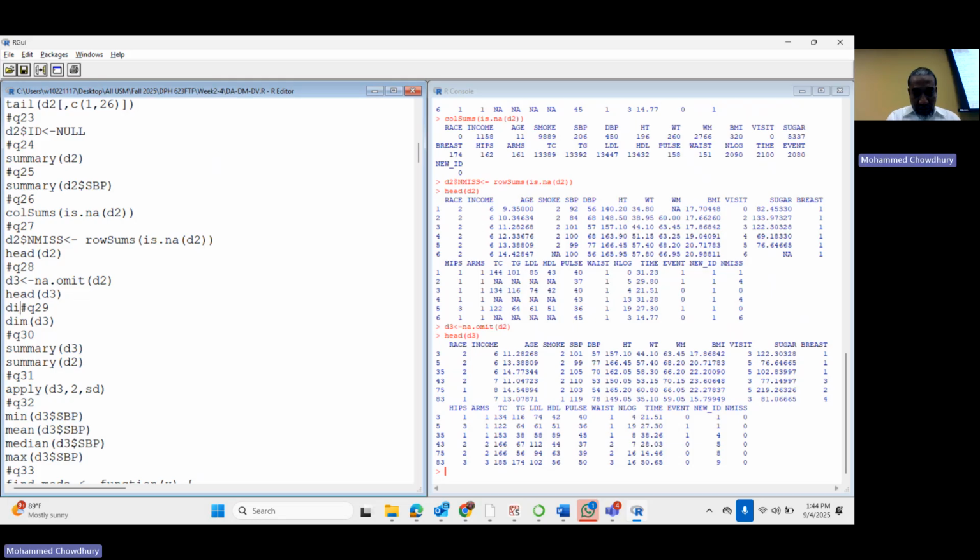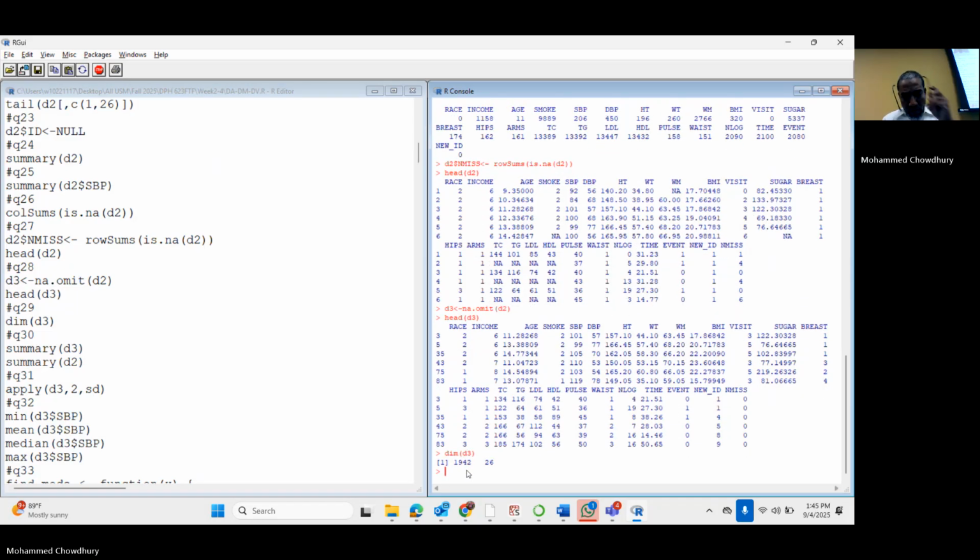Okay. Now, if you take a look at the dimension of D3, it has 1942 rows.